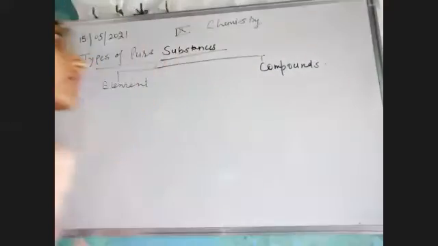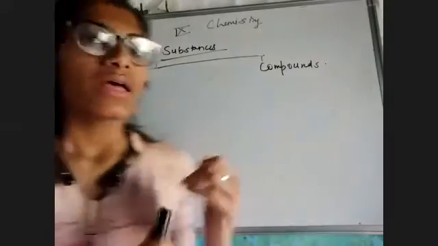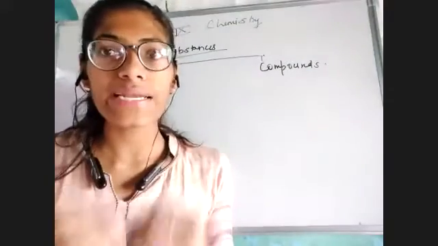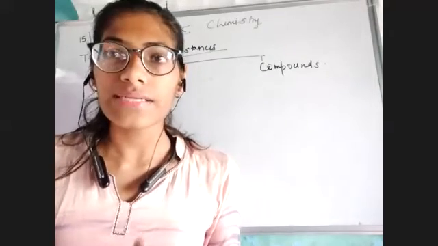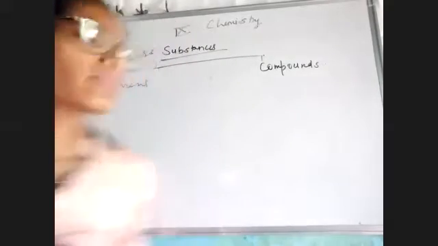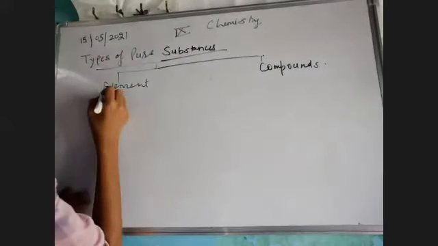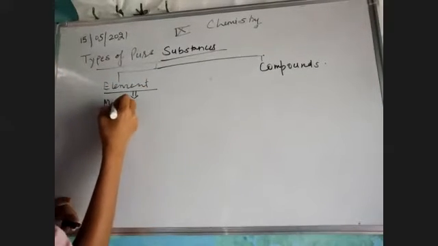So we will keep going with the two topics. I'm going to start with the first topic, that is element. We are going to discuss what an element is and what it actually wants to convey to us. Let's begin with the types of pure substances, and basically element. The element is something which was defined by many scientists.